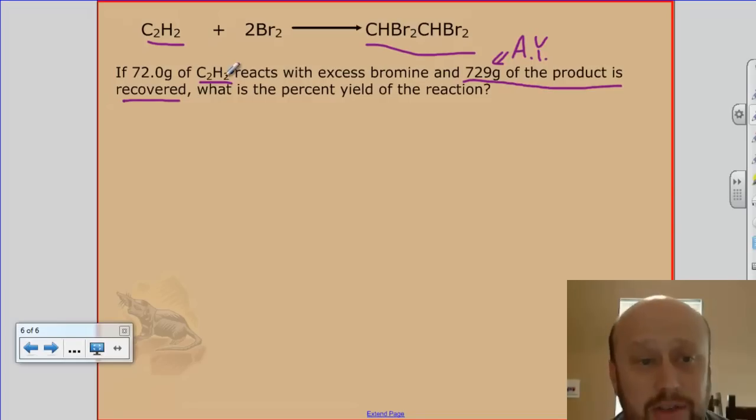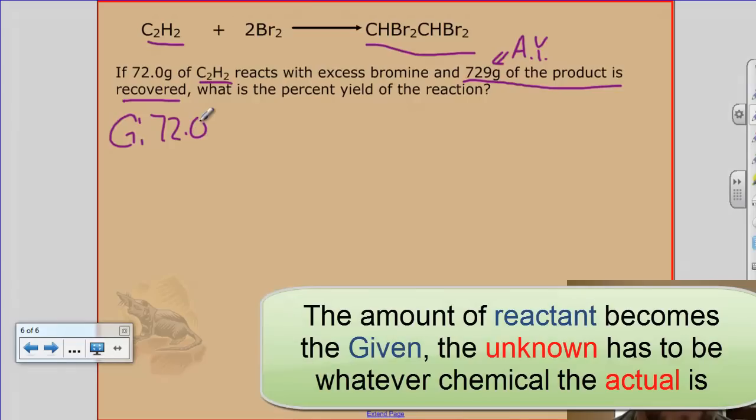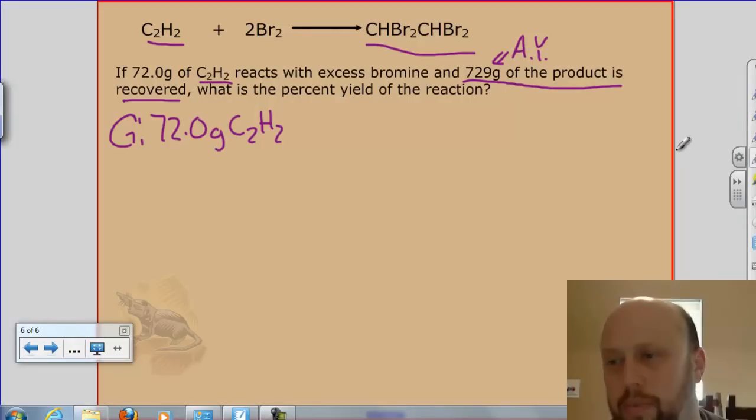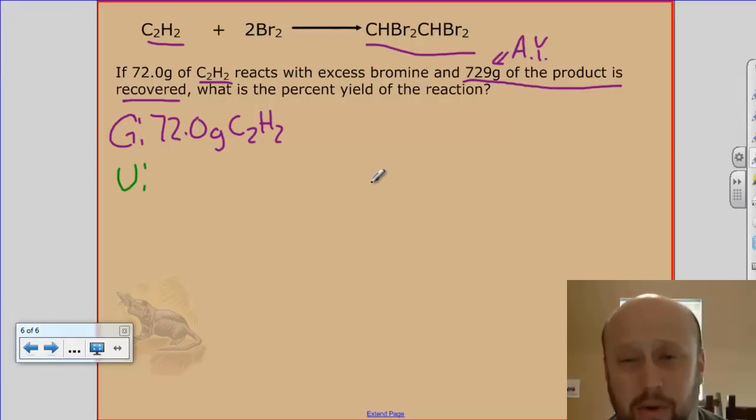Your second clue is it's a reactant. If you have a reactant, you have to do stoichiometry, and that amount of reactant is my given. Now remember, the reason I'm doing stoichiometry is to find the theoretical yield. So the theoretical yield should be my unknown, and my theoretical yield has to be the same as whatever my actual yield is.